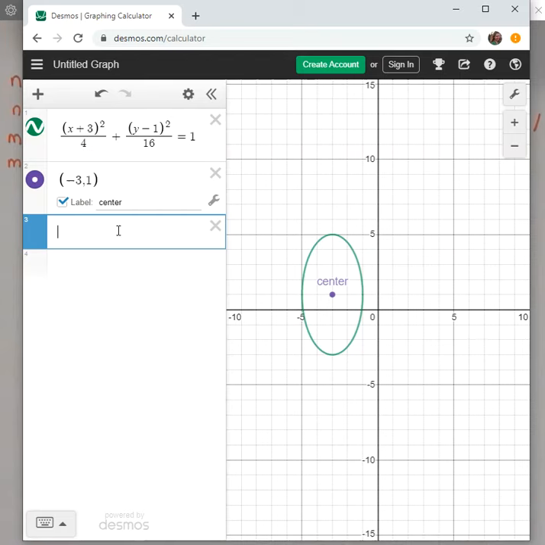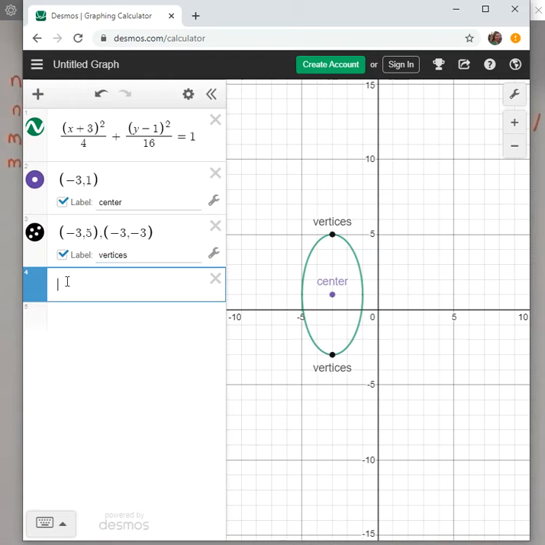It's supposed to have vertices at negative 3 comma 5 and negative 3 comma negative 3, and those are the vertices.